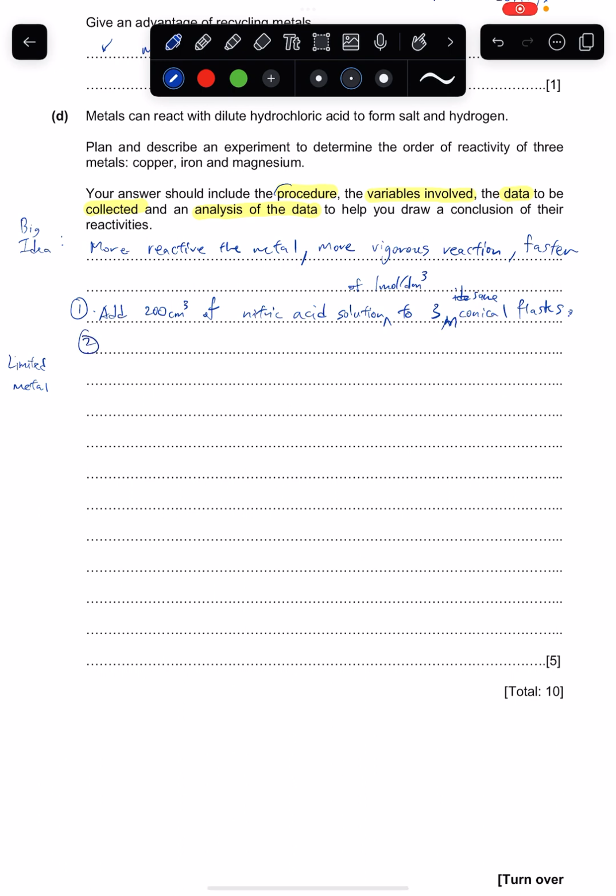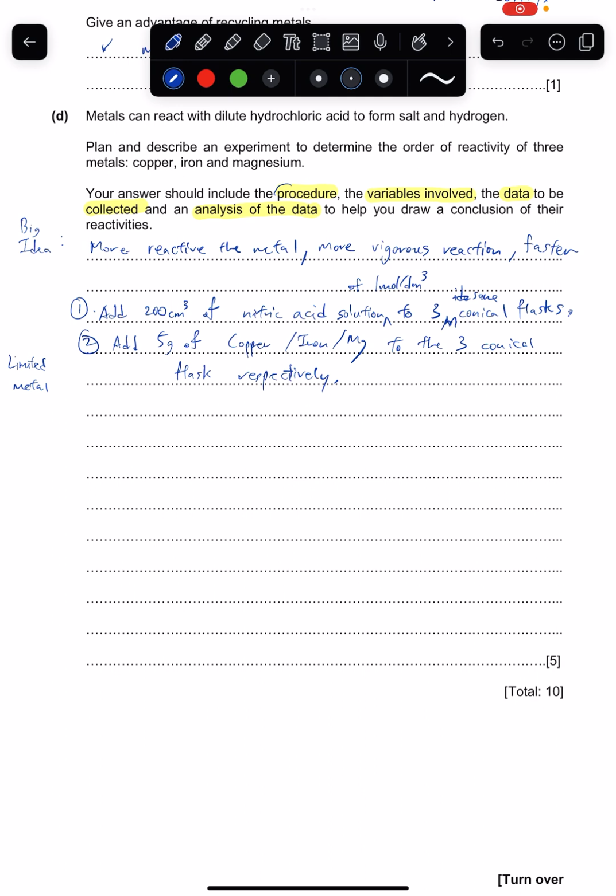So second step, I would say add maybe 5 gram of your metal: copper, iron, and Mg to the 3 conical flasks respectively. So each one will have one.